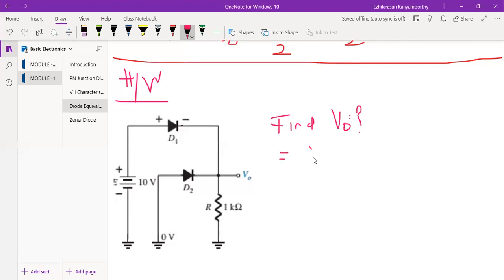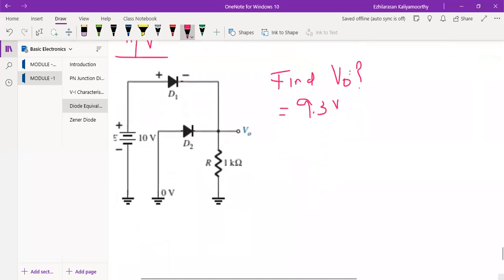The answer is 9.3 actually. Just check it and do it yourself. At the same time you should find out the current also, V naught and I also. Find out I.